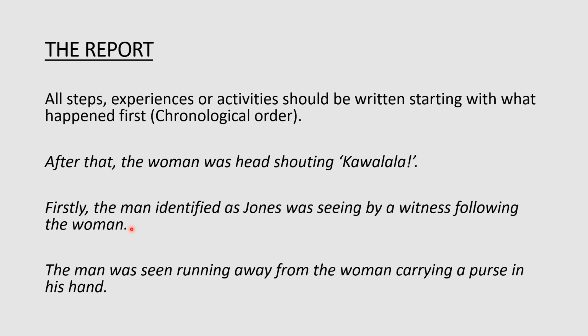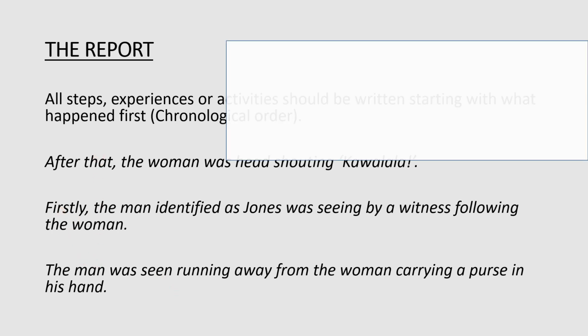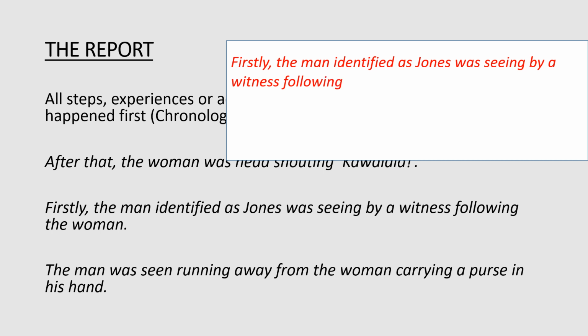So we can say firstly, the man identified as Jones was seen by the witness following the woman. Then let's see if we put this: after that, the woman was heard shouting Kawalala. Then third, the man was seen running away from the woman. After the woman shouted, the man ran away. So we can rearrange them like this: firstly, the man identified as Jones was seen by a witness following the woman.